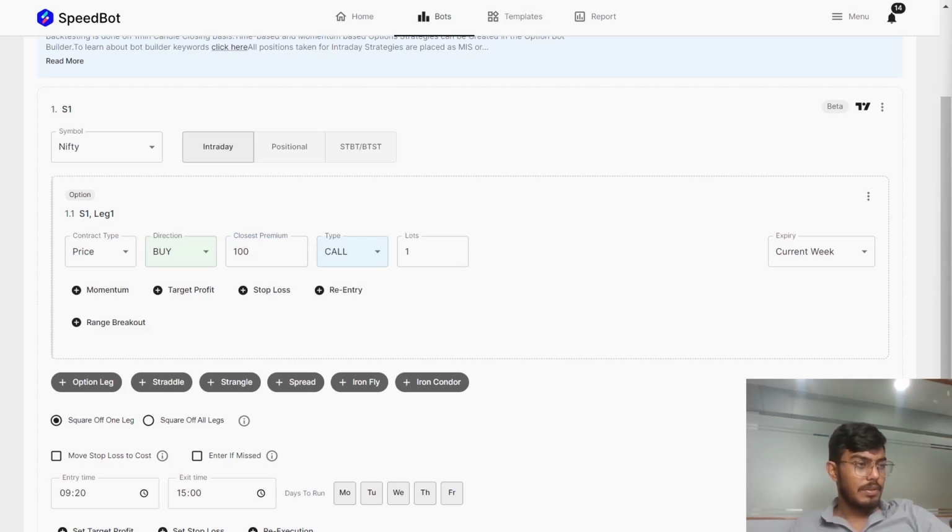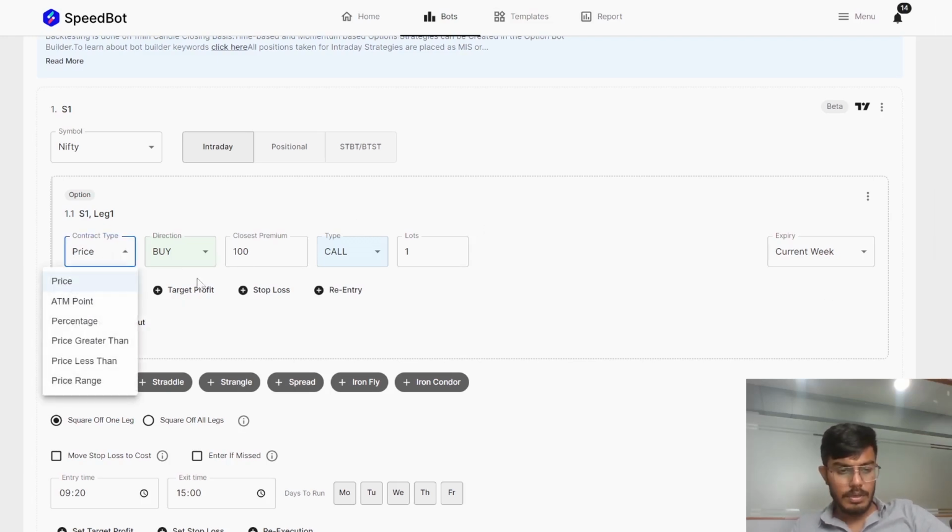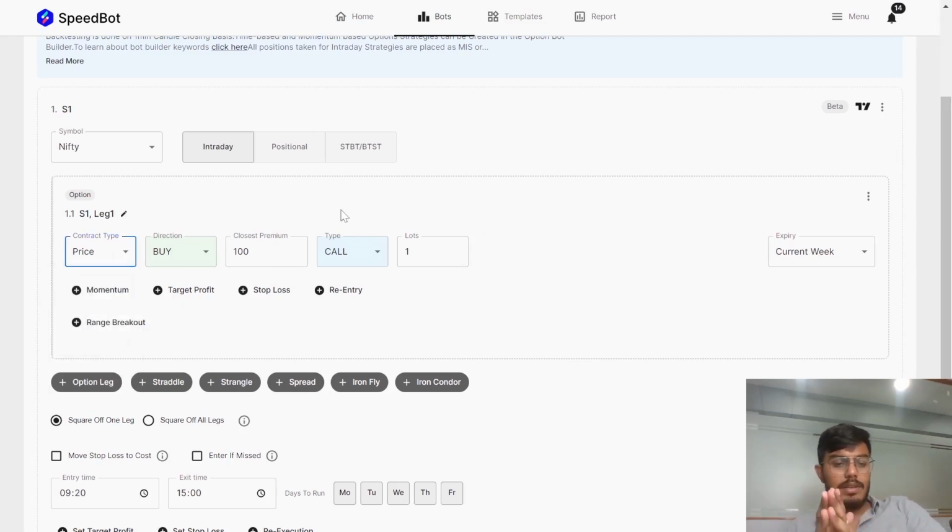Okay, so this question is asked by Jatin Bhanderi. Jatin asks how to create a range breakout option strategy in Speedbot. So this is a good question again. Jatin wants to create an options bot using the range breakout feature.